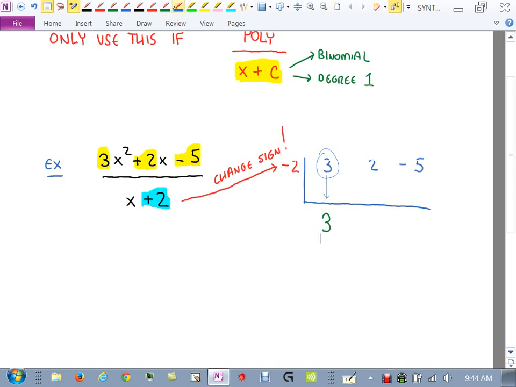Then I'm going to take the number out front, which was negative 2, and multiply it times the 3. I'm going to put a little old school multiplication symbol there. Negative 2 times 3. What's negative 2 times 3? Negative 6. That negative 6 is going to be placed right here underneath the 2 in the next column.